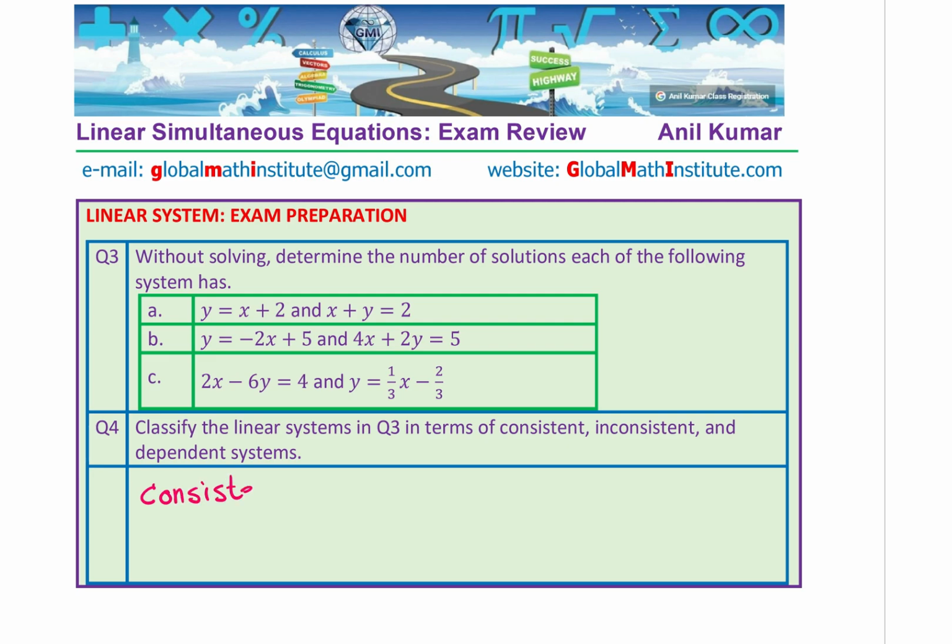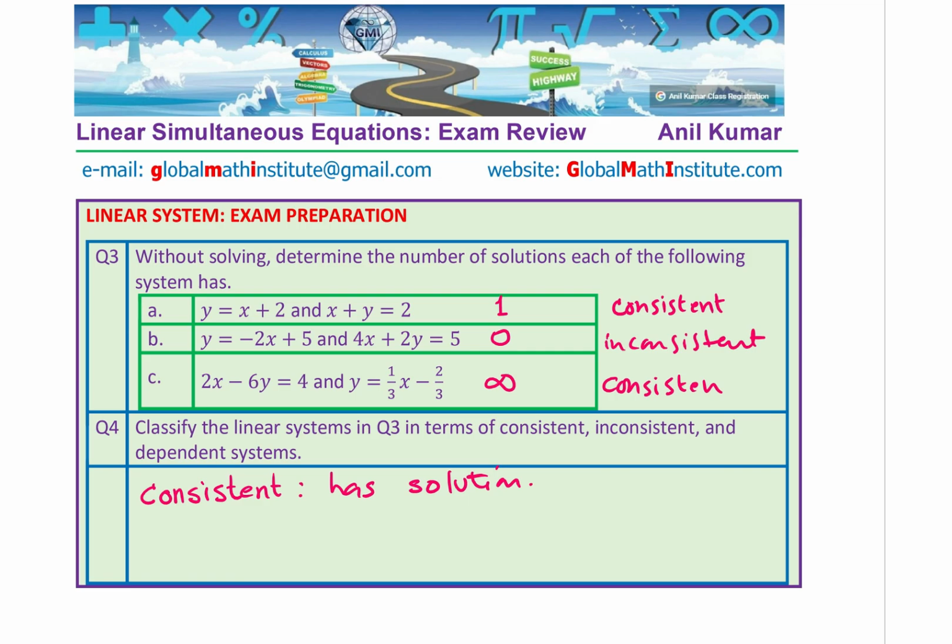Can you tell me? Consistent means has a solution. So we had one solution here, no solution, and infinite solutions. So these two are consistent. They have a solution. Do you see that? And this becomes inconsistent.